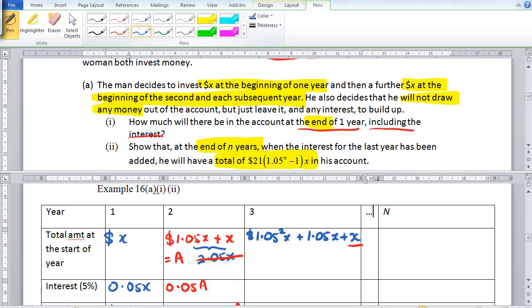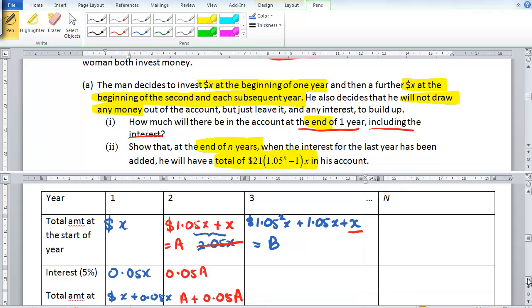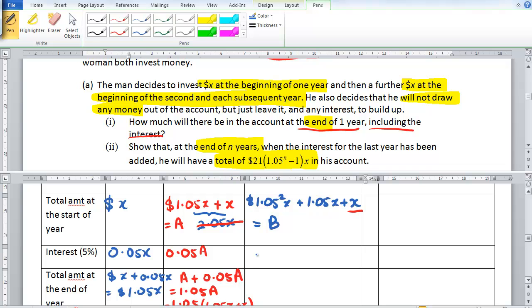So let's call this amount B. So at the end of the year 3, the interest given to him will be 0.05 multiplied to B.